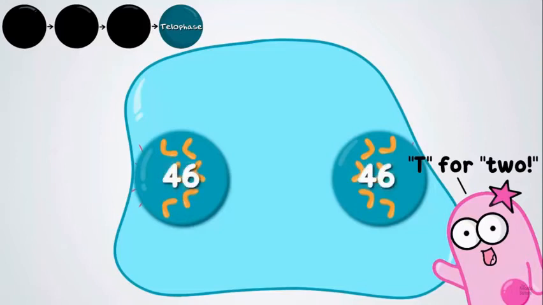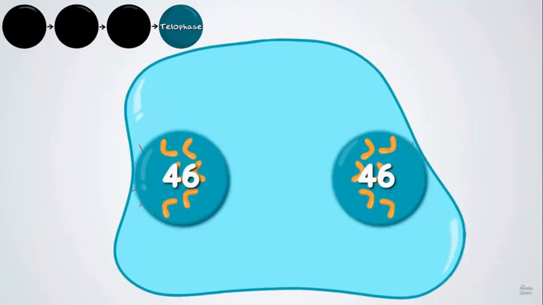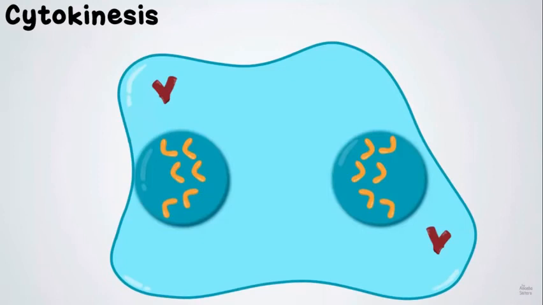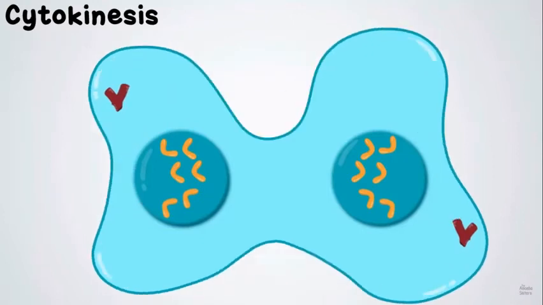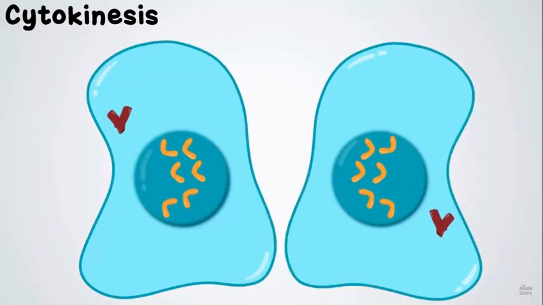And in the human body, they're each going to have 46 chromosomes. And again, remember, they are identical. Now, cytokinesis is responsible for the final separation into two cells by splitting the cytoplasm, which completes after the PMAT mitosis stages. So, why did all this matter?